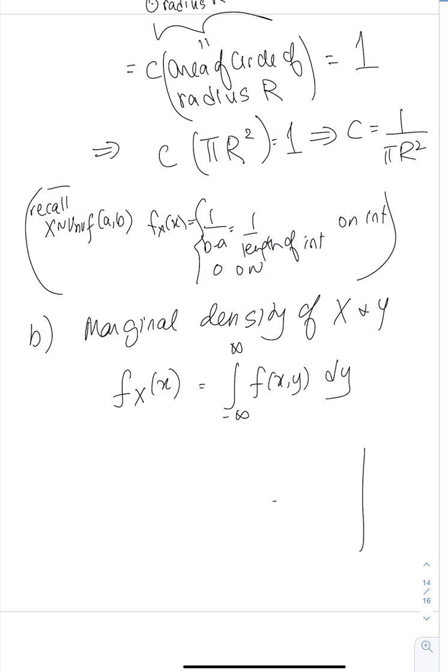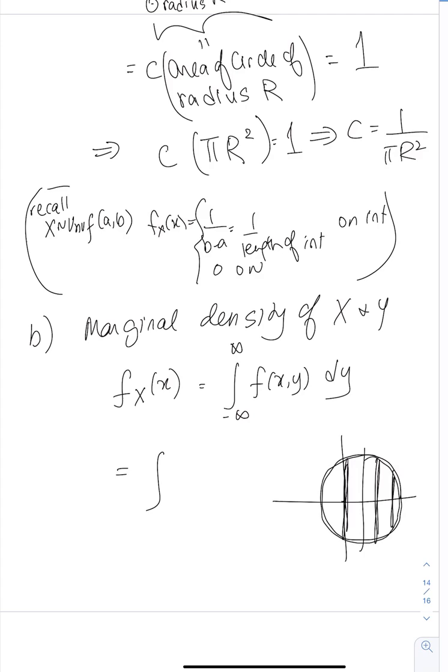Let's just draw a picture. No matter where your x is, you integrate out the y, on this region inside the circle.